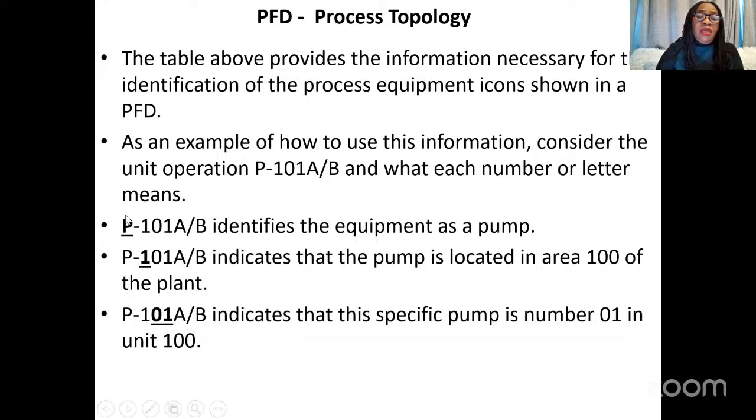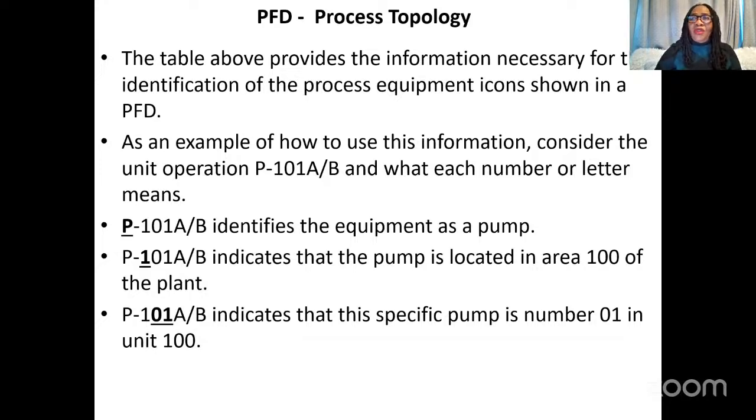So now, if you look at what I'm showing you, the one that is highlighted is the one we're looking at. In this particular one, the first one, P, is highlighted. So P identifies the equipment as a pump. Then in that general format, 1 indicates that the pump is located in an area unit of 100, area 100 of the plant.